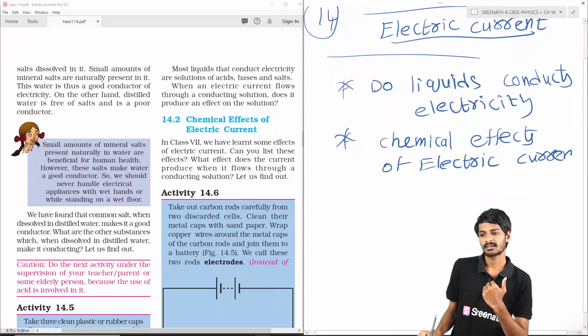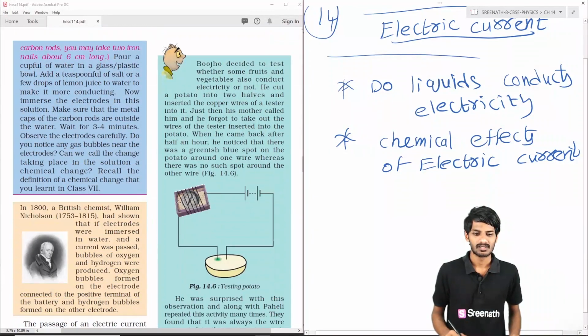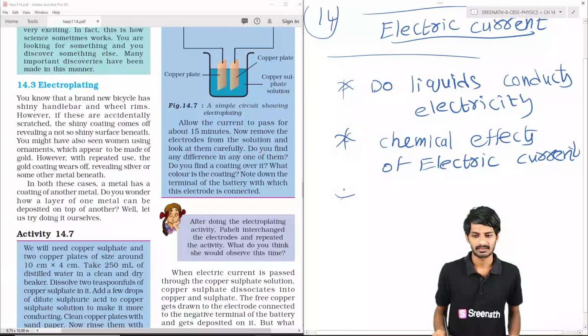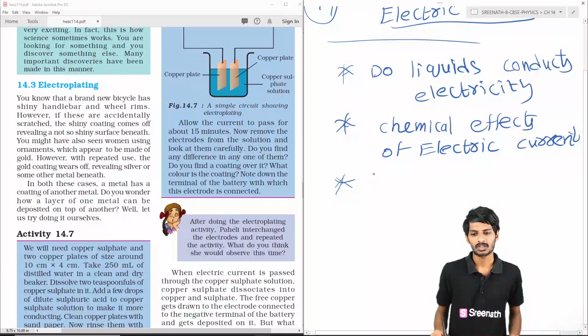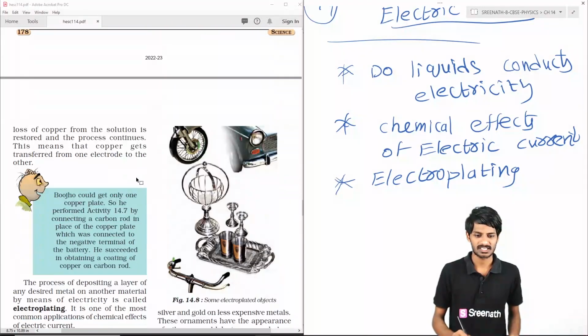This is another topic we are going to discuss. The next topic is electroplating. What is meant by electroplating and what are the effects of electroplating, students? These are the three things we are going to learn in this chapter.